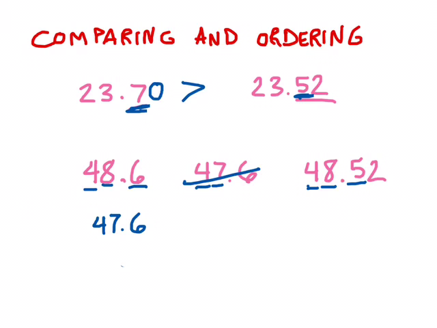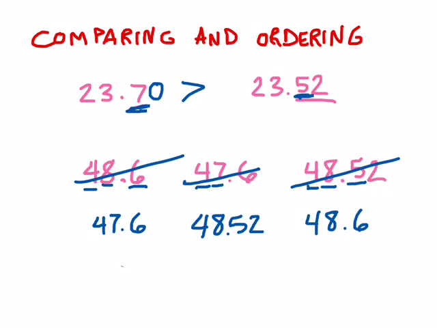If I'm going least to greatest, 5/10 is less than 6/10. So 48 and 52/100, because it has 5/10, is less than 48 and 6/10. So this is my list of numbers in order from least to greatest.